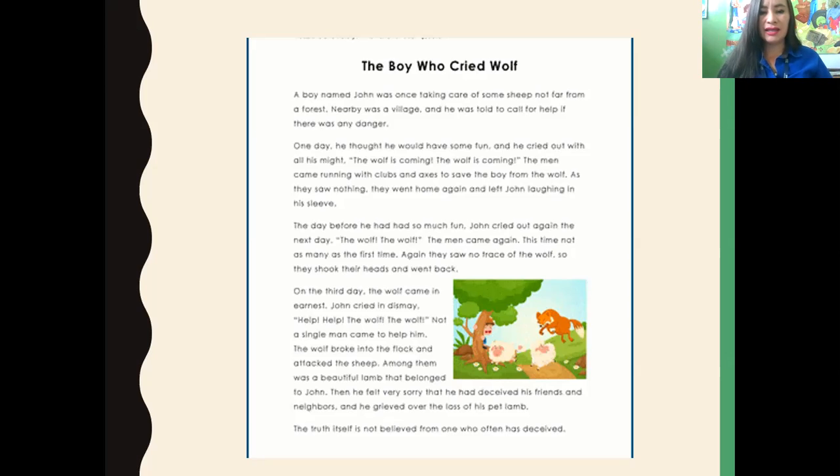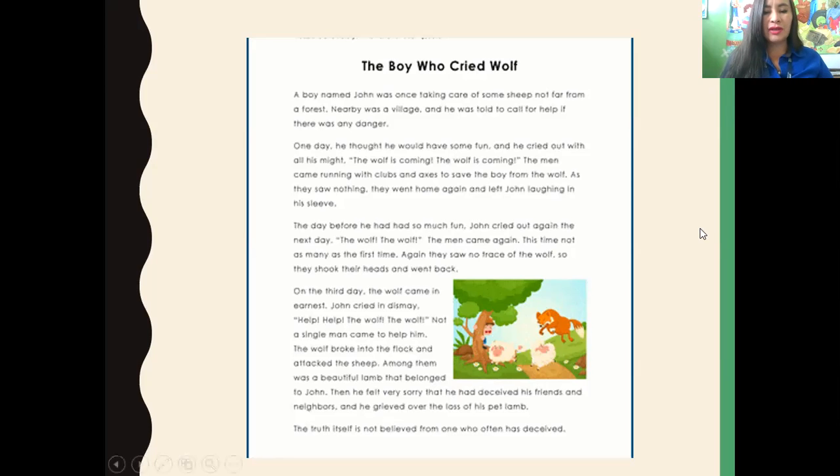John cried out again the next day, "The wolf! The wolf!" The men came again, this time not as many as the first time. Again, they saw no trace of the wolf. They shook their heads and went back. On the third day, the wolf came in earnest. John cried in dismay, "Help, help, the wolf, the wolf." Not a single man came to help him.